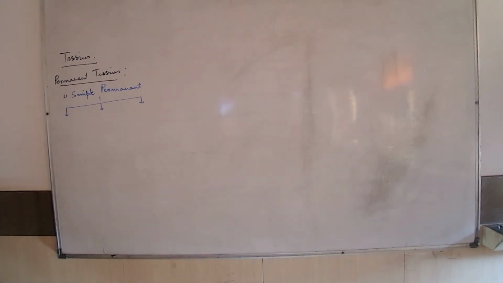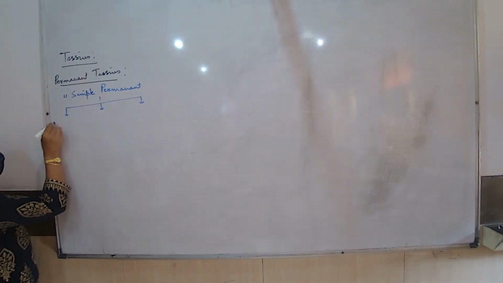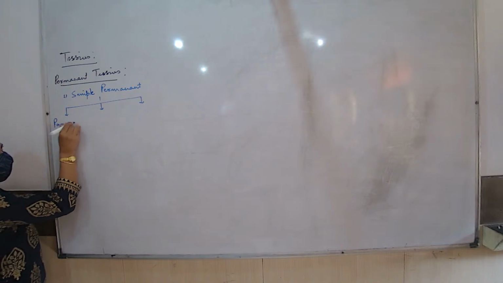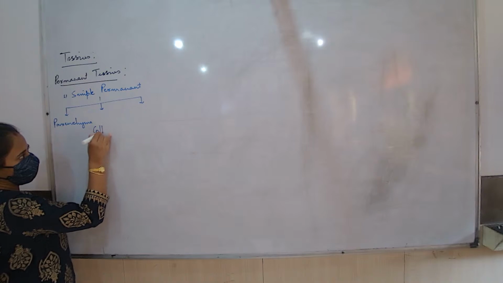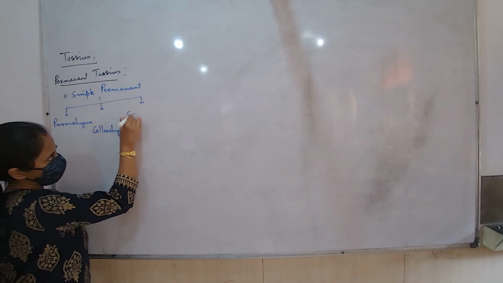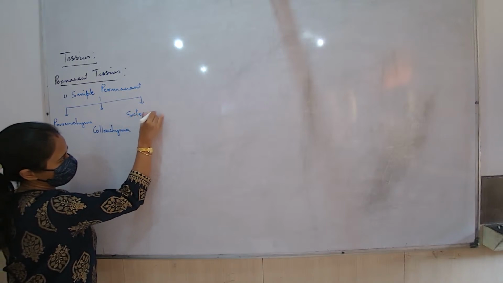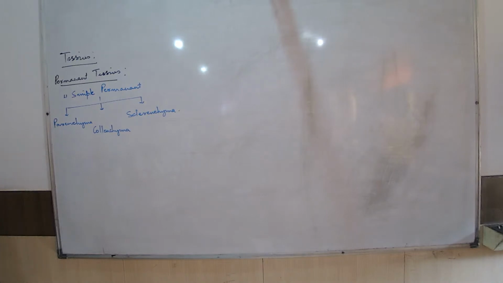What are the three types of simple permanent tissues? Parenchyma, collenchyma, second type, and the third type, sclerenchyma. So this would be where we are understanding first of all the three major types of permanent tissues.